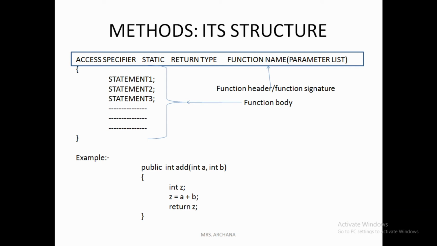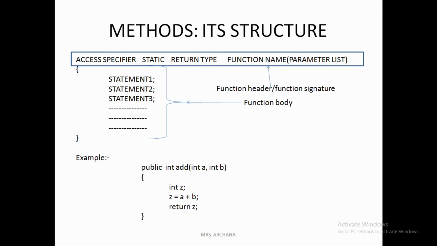An important part of a class is the method. A method consists of two parts, that is function header and function body. Function header consists of access specifier, static keyword, return type, function name and parameter list.